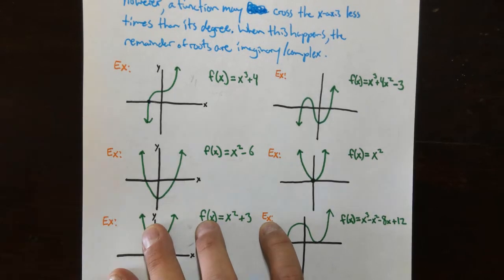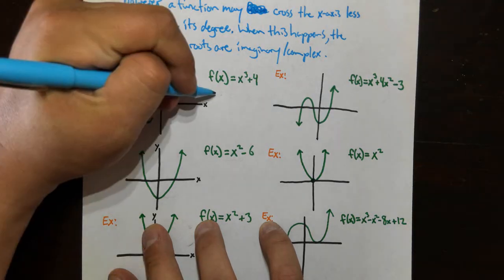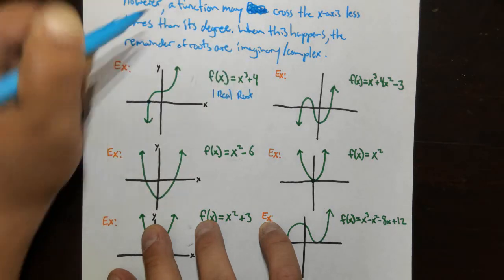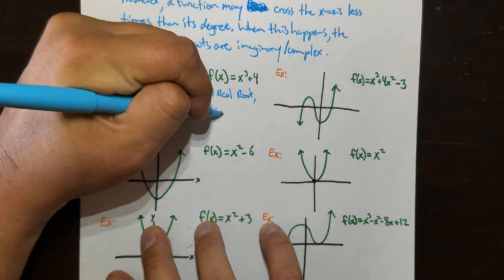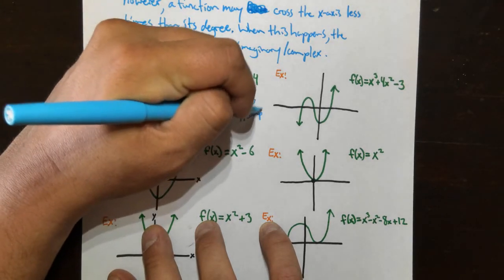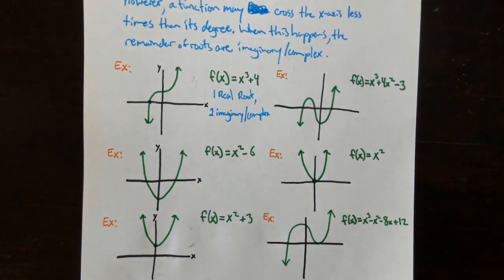Just like my example that I was discussing. So in this case, this has 1 real root, because the real root is where it crosses the x-axis, and 2 imaginary/complex roots. We don't need to identify whether it's imaginary or complex. Remember, complex numbers are just imaginary numbers that also have a real component to them.